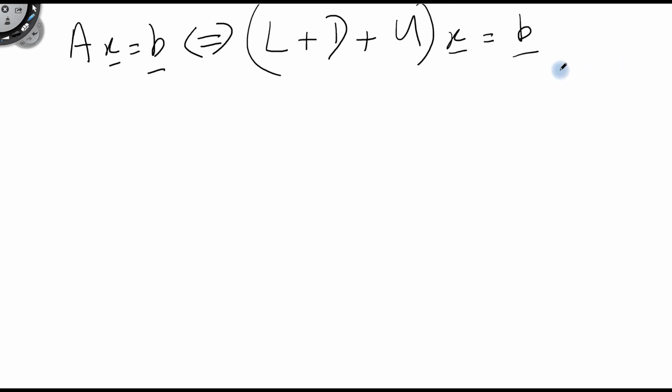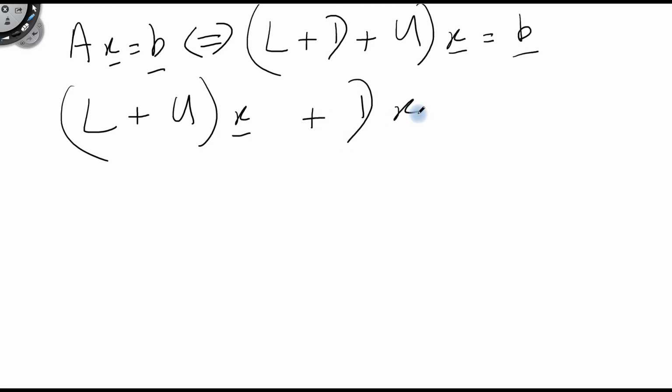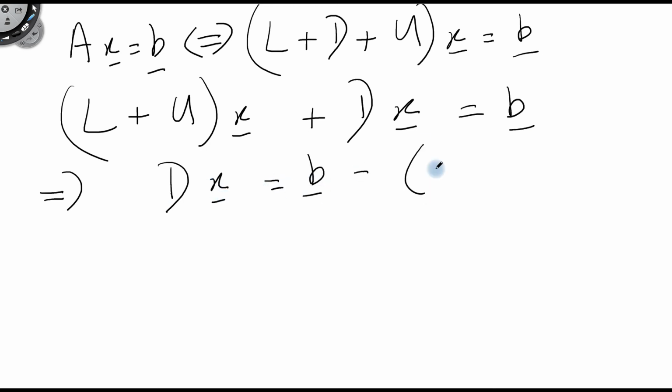So we partition L plus U off onto the x side, and D onto x, and b on the other. This implies that D times x equals b minus L plus U of x.